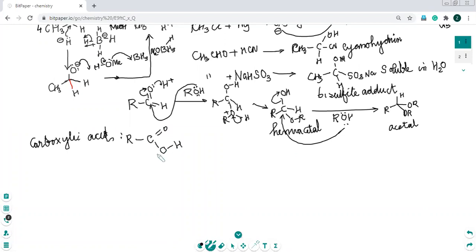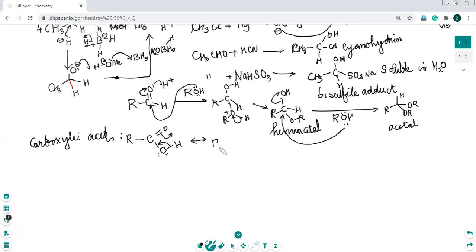Remember, even if you are writing this lone pair of electrons and the proton on this oxygen, this can undergo resonance stabilization.